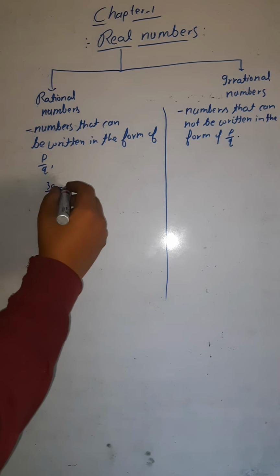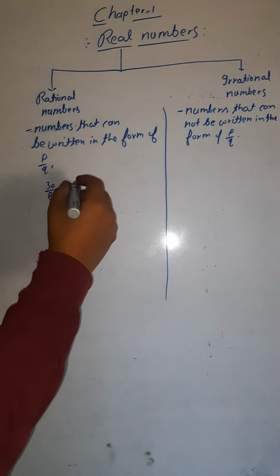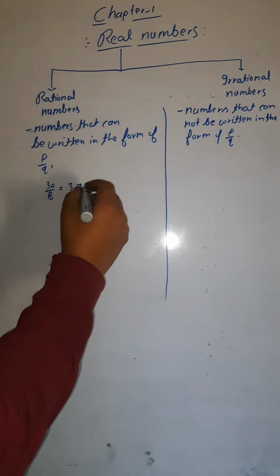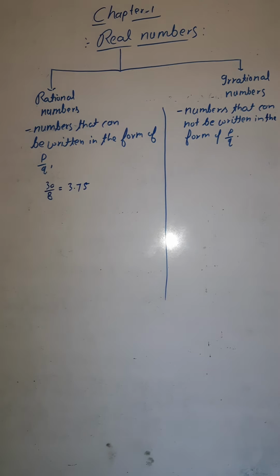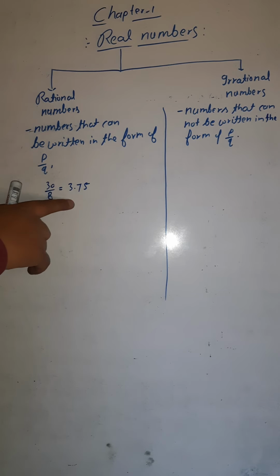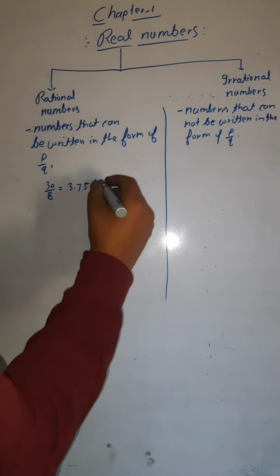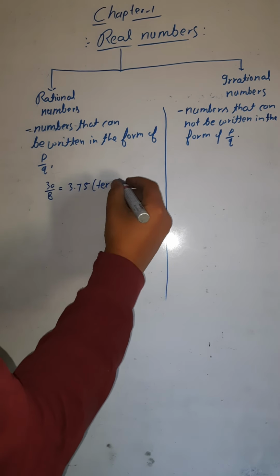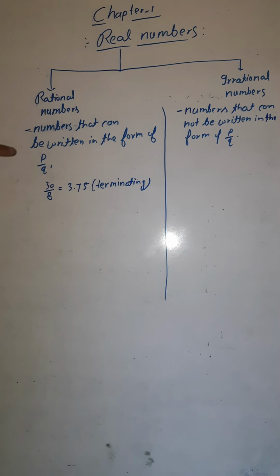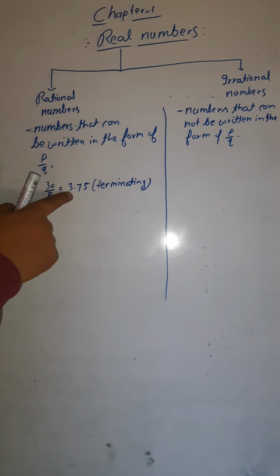You would get 3.75. It ends here, so this type of decimal expansion is called a terminating decimal expansion.